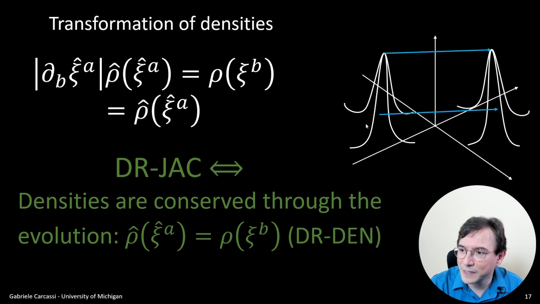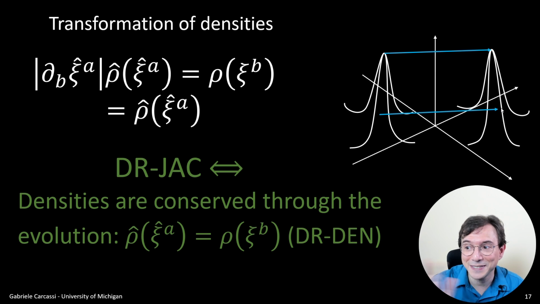And what does that mean? Well, suppose that this is a probability distribution and you apply Hamiltonian mechanics. Therefore this probability distribution will move around. But the way that it moves around is that the value here is going to be exactly the same value at the final point. So the probability of being in the initial state is exactly the same as the probability of being in the final state.